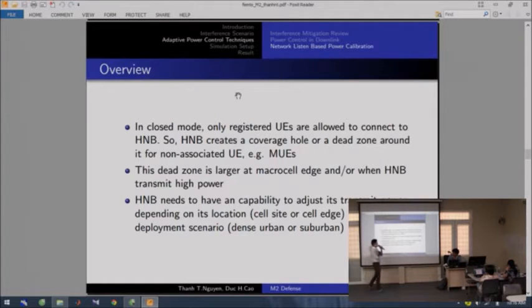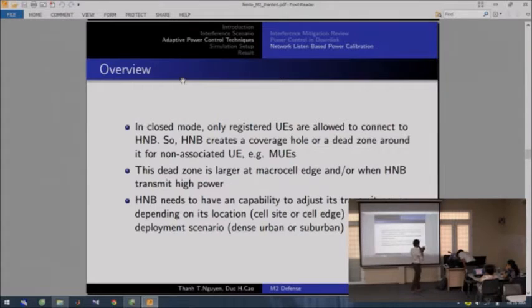For example, we have a femtocell here, and this guy is using this femtocell, which is transmitting, and I'm using another phone near the femtocell, but I'm not allowed to connect because this femtocell belongs to this guy. But this phone is far away from the macro cell. It means that the received signal from the macro cell is very weak on my phone, but I receive a very strong signal from the femtocell. But I cannot connect to the femtocell, and this is called a dead zone.